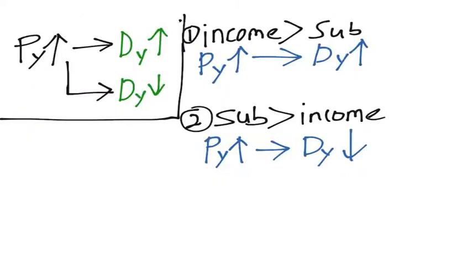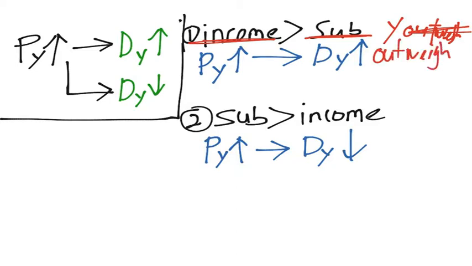Okay, so now I'll show you. Now, there's two cases. First is when the income effect is larger than the substitution effect, or we say the income effect, the keyword here is outweighs, outweighs the substitution effect.